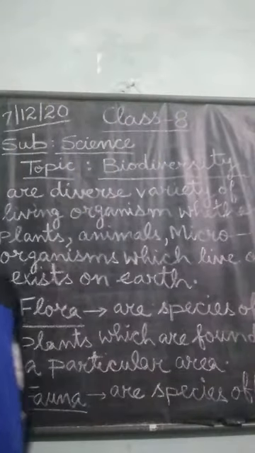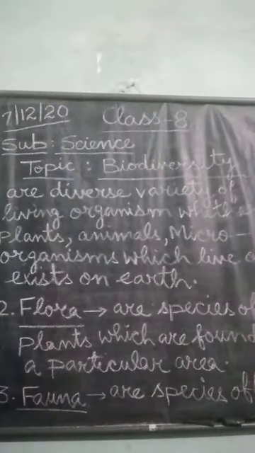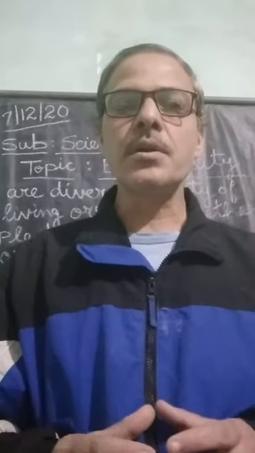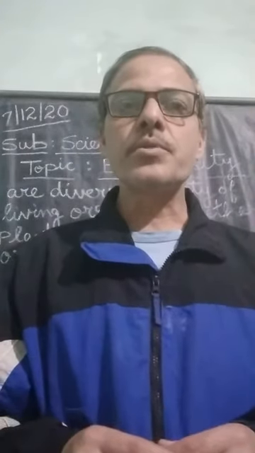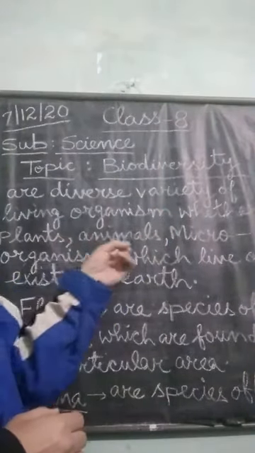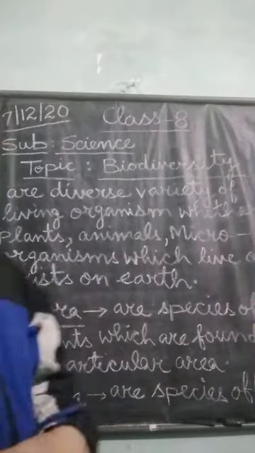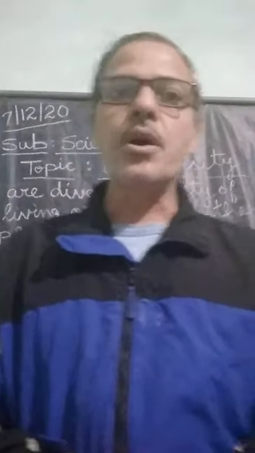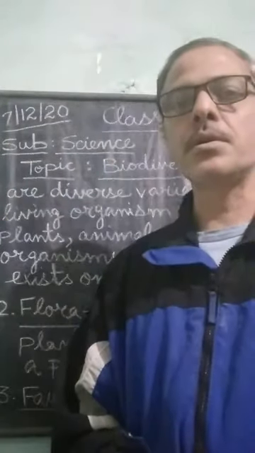So, how will you define the term biodiversity? Biodiversity is the diverse variety of living organisms, whether plants, animals, or microorganisms, which live or exist on the earth.